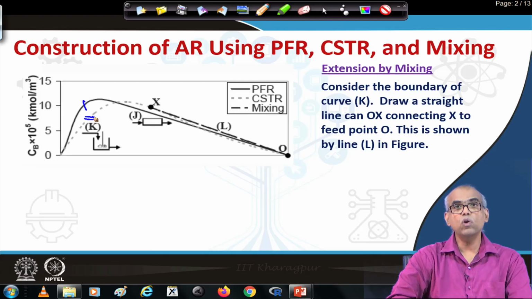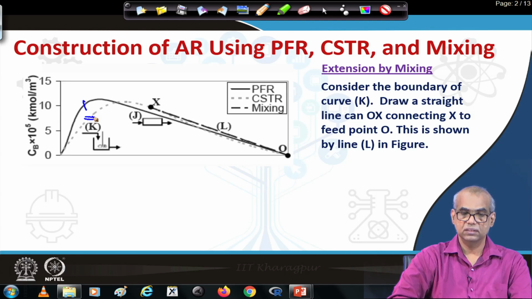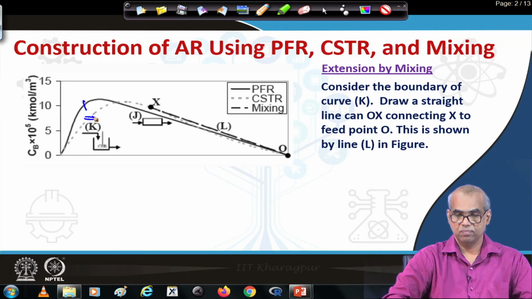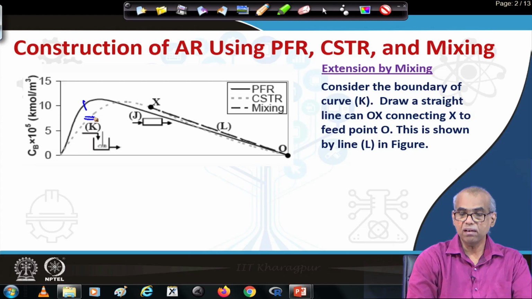So, consider the CSTR locus K. The straight line arc OX connecting point X with the feed point O represents the mixing line, and this extends the region. So, line L represents this mixing.